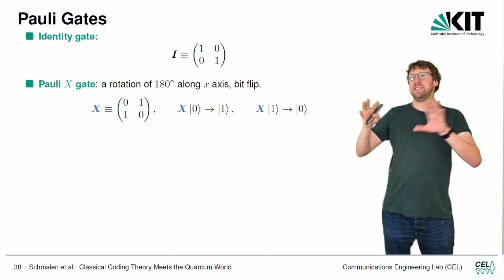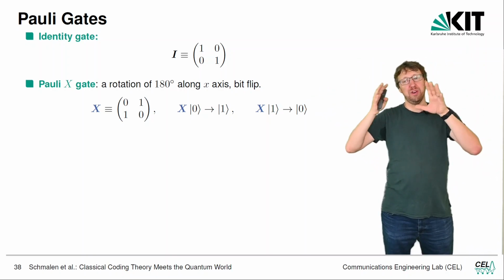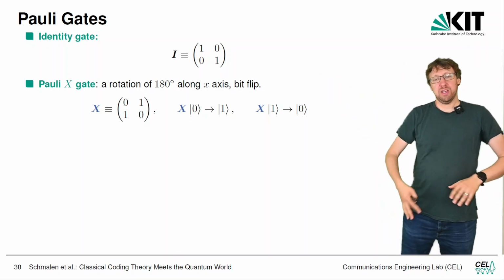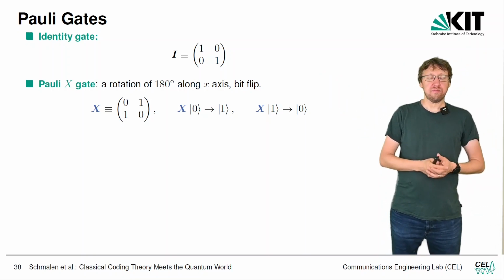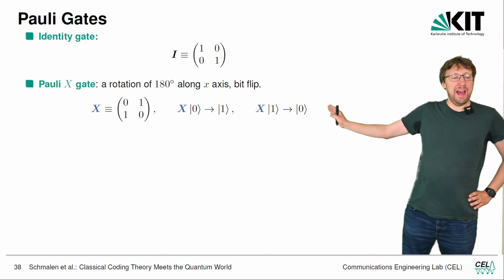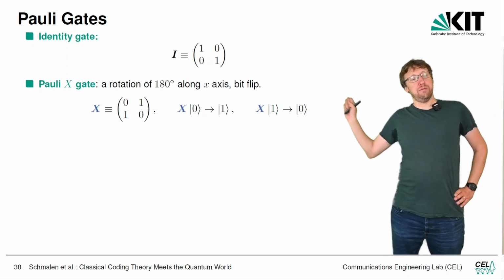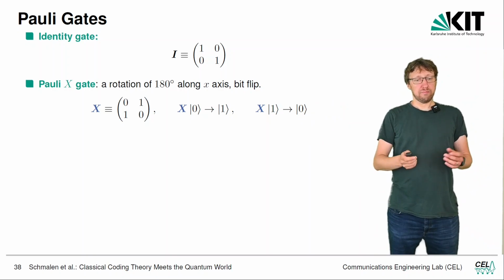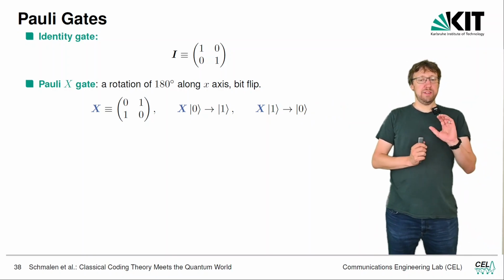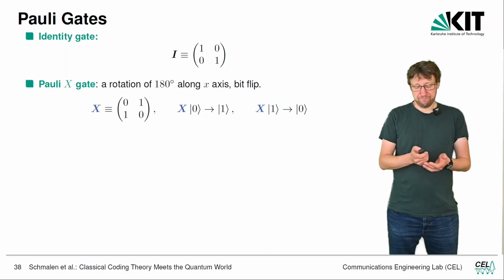If you think of a representation of the qubit in a space, you can think of an x-axis. So if you apply X to the 0 state, it will become a 1 state. If you apply X to the 1 state, it will become a 0 state. That's the Pauli X gate.